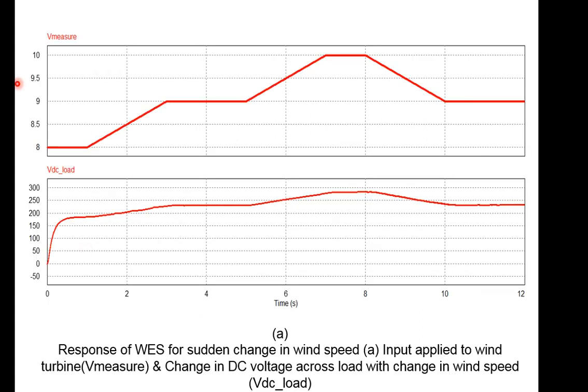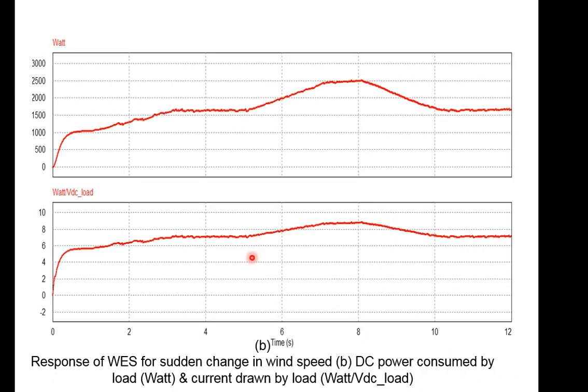This is the measured input wind speed, and this is the variation in the load. Again, this is the power generated. This is the 3 kilowatt wind system, and this is our current.